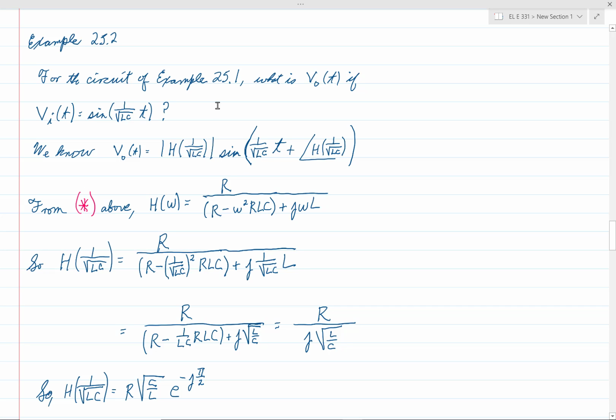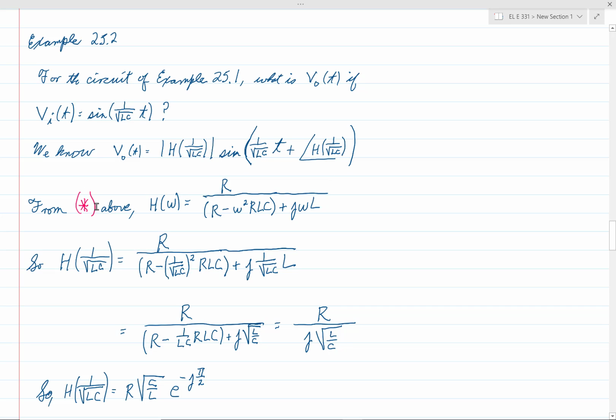Okay, well, we know that in problems like this, it's real easy to get the answer. All we have to do is to find the magnitude of the frequency response at that frequency and the phase of the frequency response at that frequency, and then modify the input accordingly to get the output.